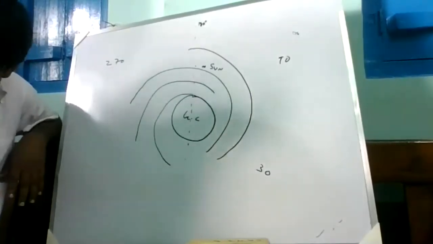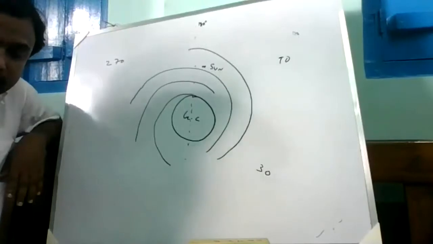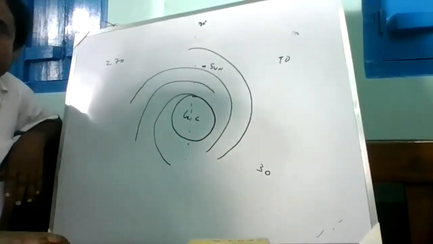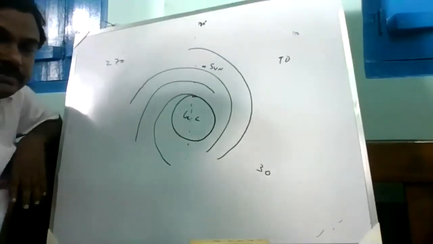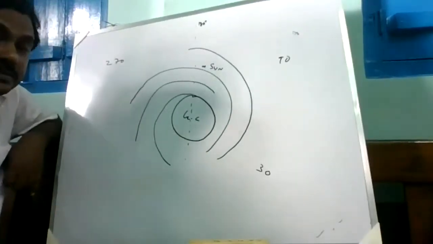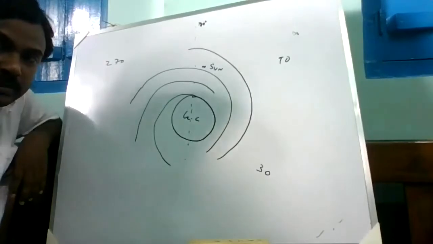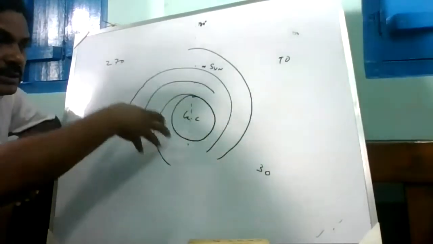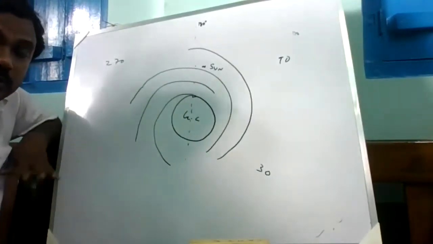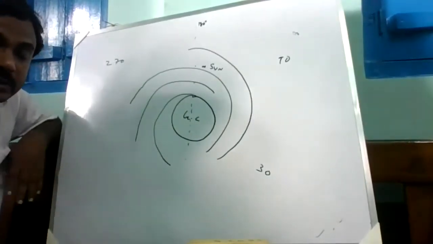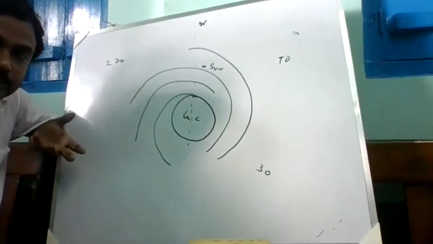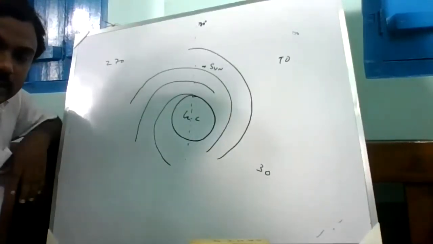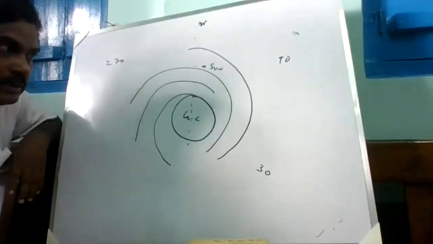Now, how this spiral structure is produced and maintained, there is a big debate. As I have pointed out, if the spiral structure is like this, and we have already said, from Oort's analysis, that there is a differential rotation of the Milky Way galaxy.